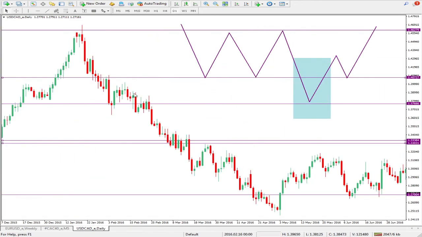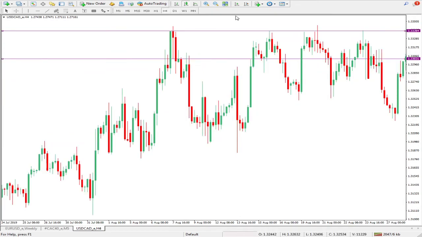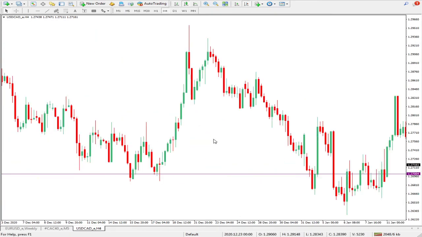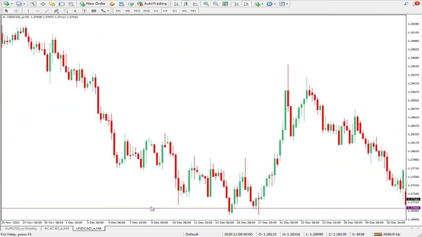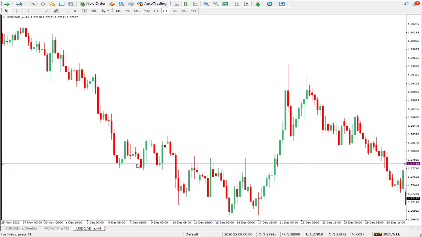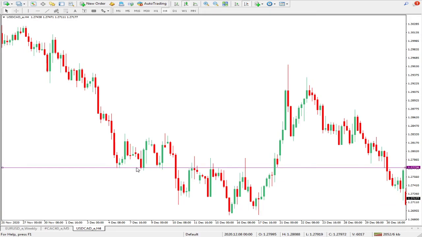So let's check another example. Okay, look at this here. Look at how perfect this breakout was. It was a support here, a support there. We had a support, and then the price opened here, then closed below. It opened here, and then it closed below.